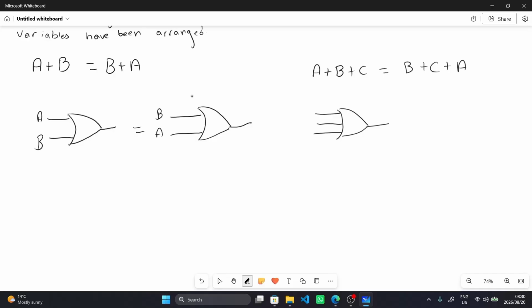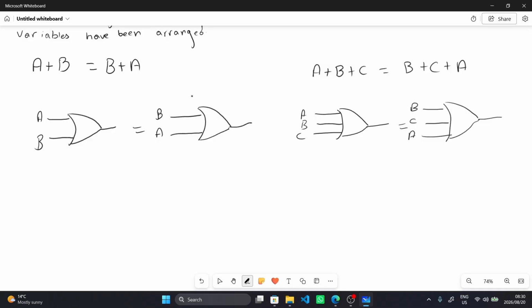We have a 3 input OR gate here, so A, B, C will be the same as having again a 3 input OR gate with B, C, and A.